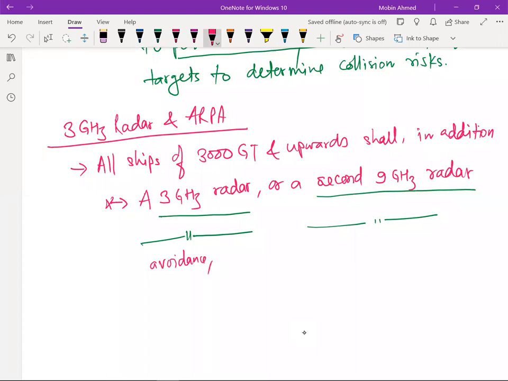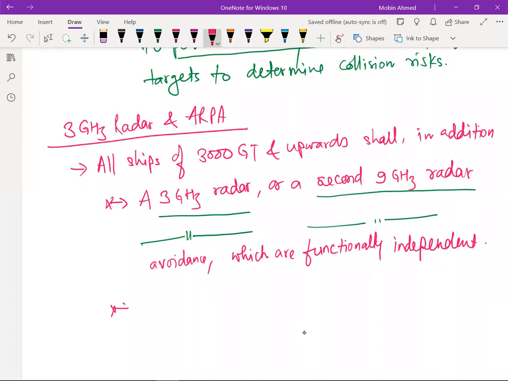After the avoidance, I'm writing: which are functionally independent. It means both radars are independent. There is no link between these two radars. It has to be an independent radar. So this is the regulation.